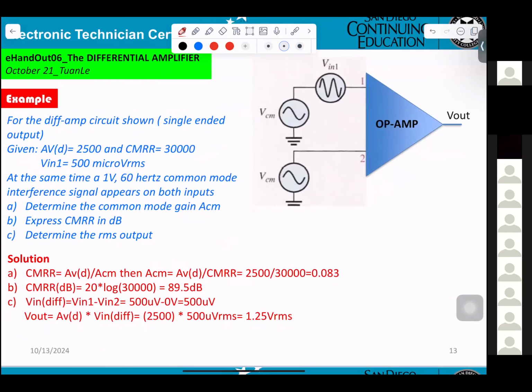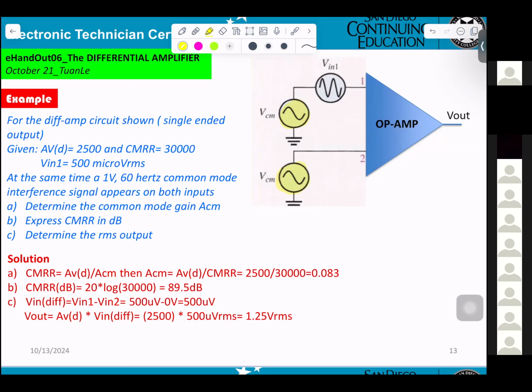Now see what happened here. First thing, if you're looking at the picture, you will know the noise here. How do we know that's supposed to be noise?